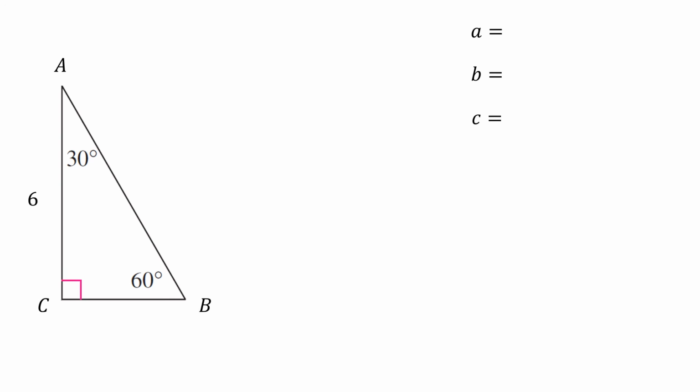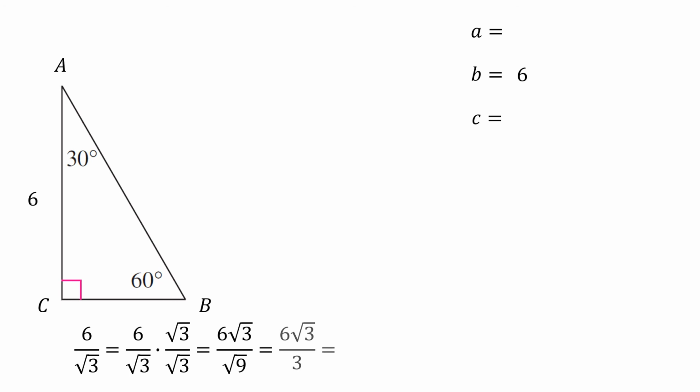Okay, we know the longer leg is 6. Let's divide by square root of 3 to get the shorter leg. Of course, we never leave a radical denominator, so let's multiply by the number 1, disguising the number 1 as square root of 3 over square root of 3. And this is why we all took first year algebra.